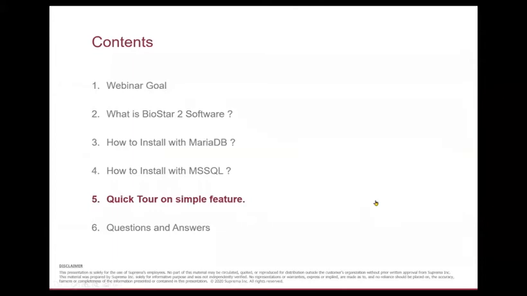So now I am going to make a quick tour of simple features for BioStar 2. I will use our own server, which is working in our office near Paris. In this office, we have stocks and an office room, and we have also made an alarm system with a core station.